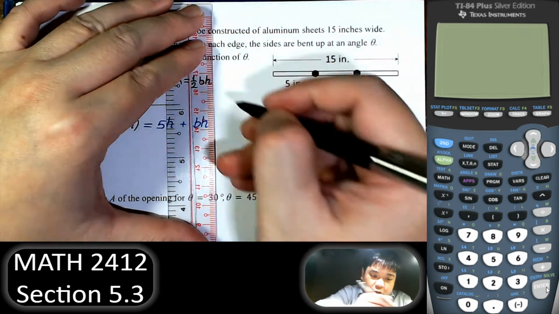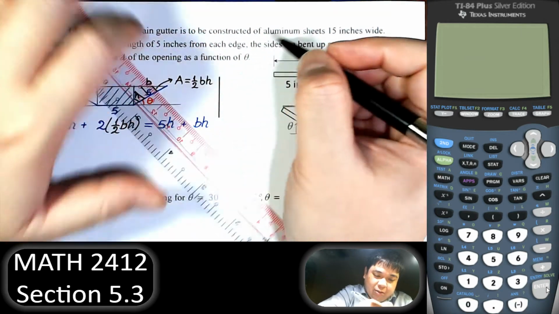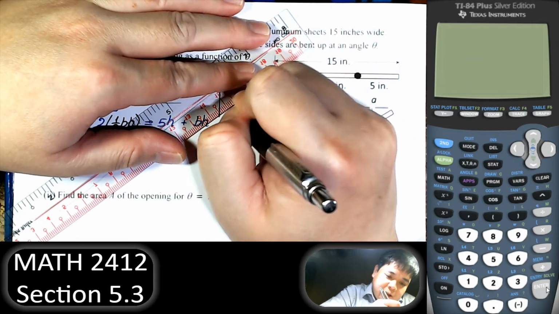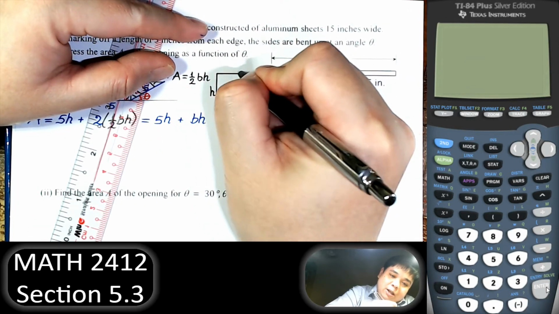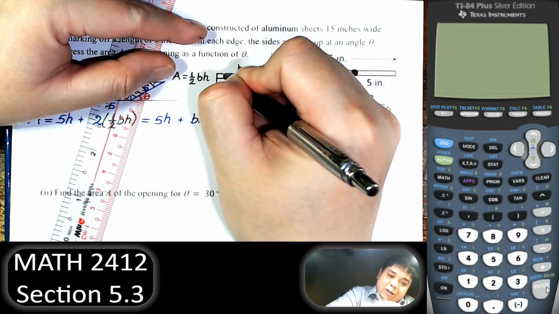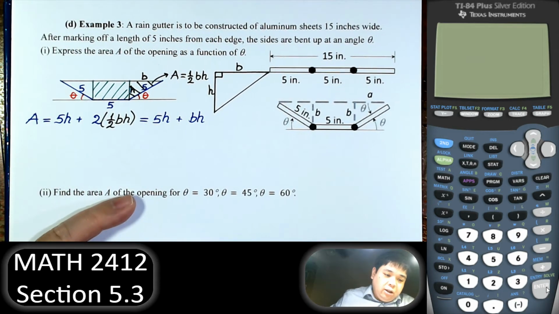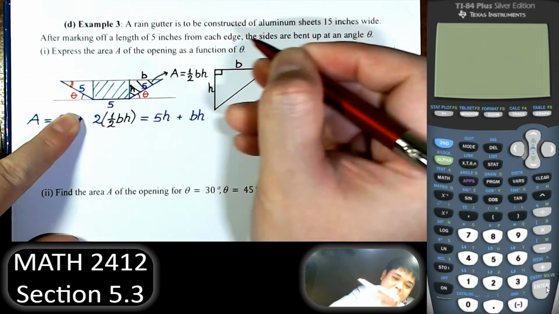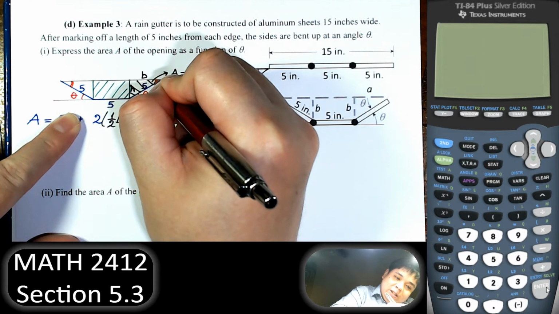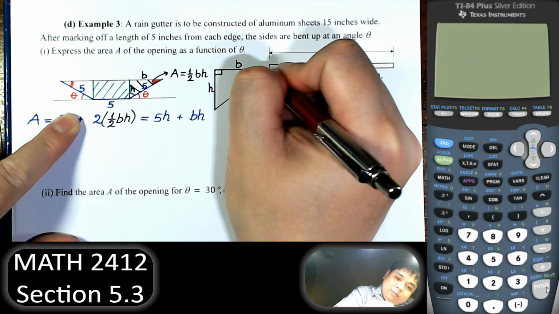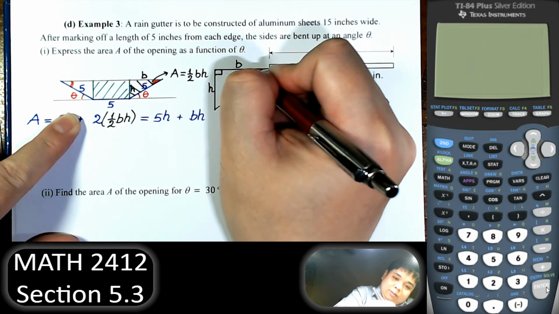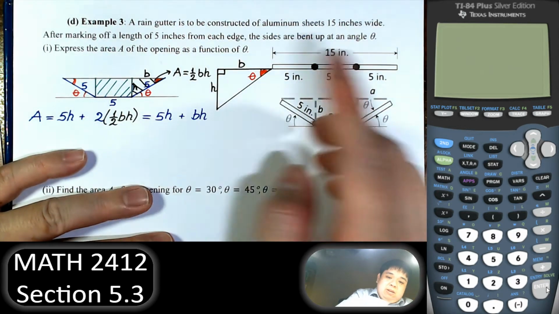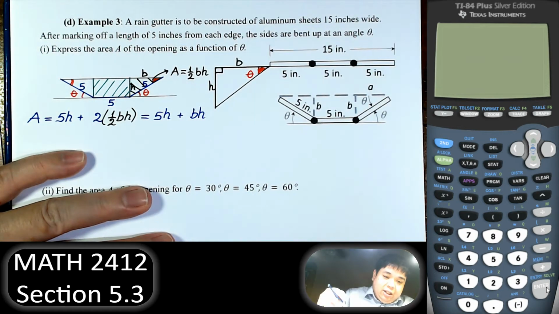Now we draw another triangle, a bigger triangle. This is h, this is b. By the way, if this is angle theta, this is also angle theta here. And this is 5 because we fold up. That will be 5.